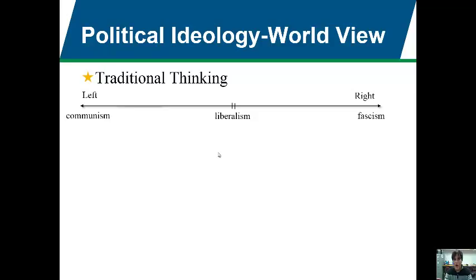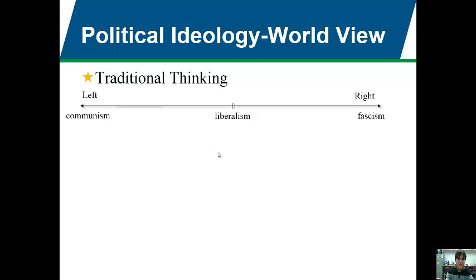Liberalism with a small L is an ideology that encompasses even a lot of American ideologies, but liberalism with a big L is one that tends to side with the Democratic Party here in America. So just please note the difference between liberalism with a little L and liberalism with a capital L. And so this is liberalism with a little l, one that values democracy and values the individual.